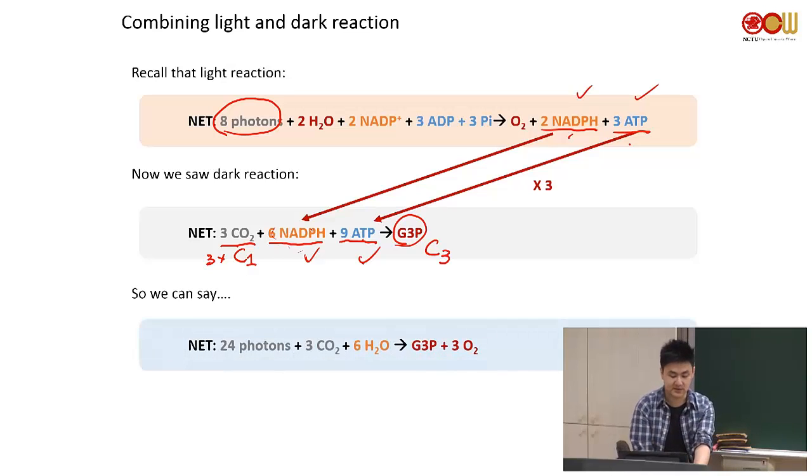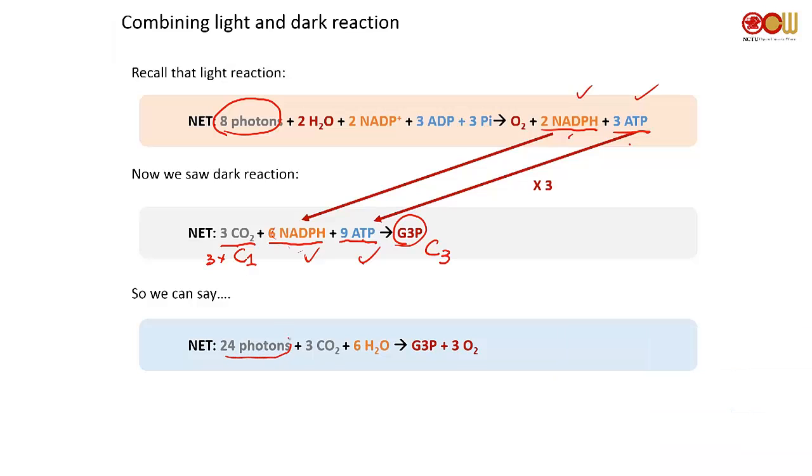So you can use cyclic electron flow. So at the very, very end, we can say 24 photons equals 1 G3P. Okay, so this is the little conclusion about how much of something you can produce per amount of photons. How many photons do you need to make glucose? 48, okay, 48 photons, right?